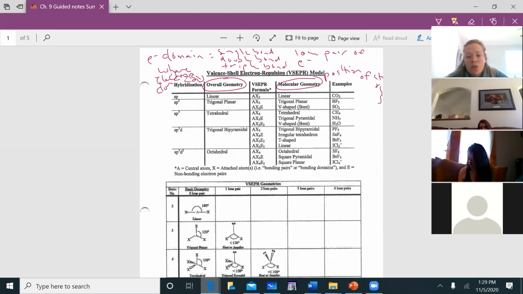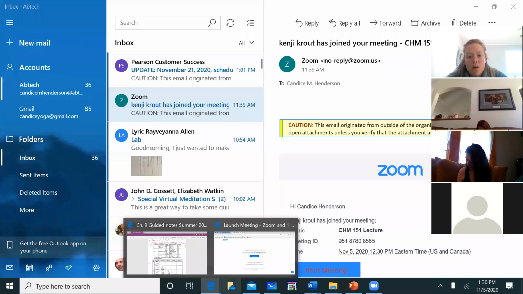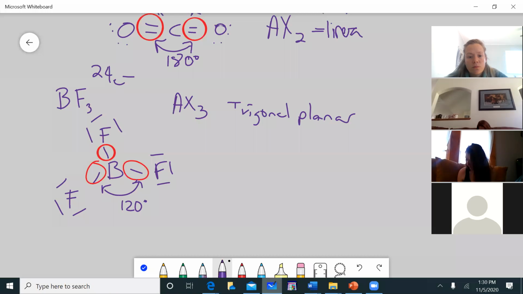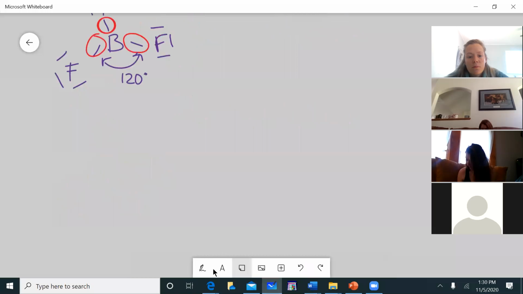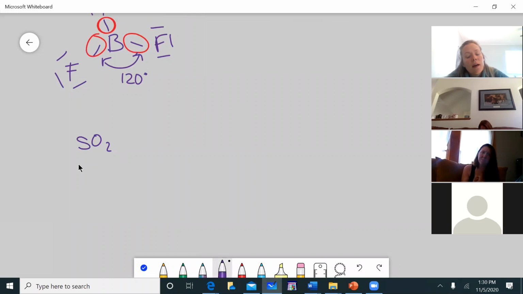Now let's look at SO2. This is where it gets a little bit more complicated. SO2, we have 18 electrons.